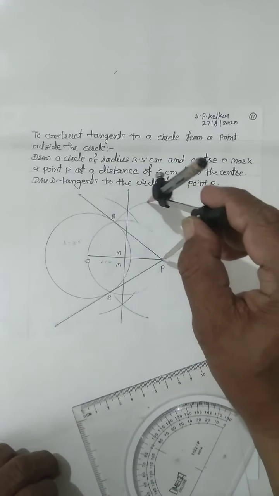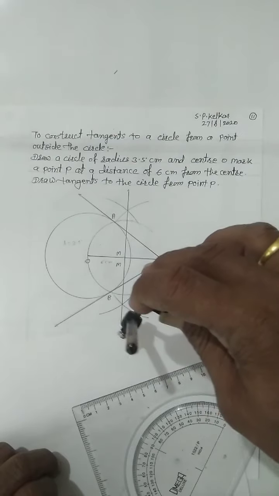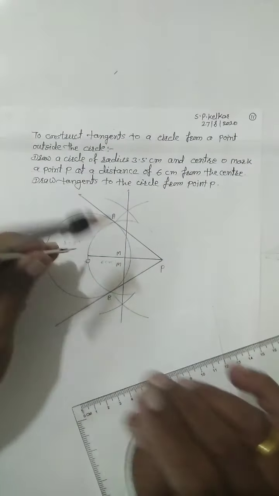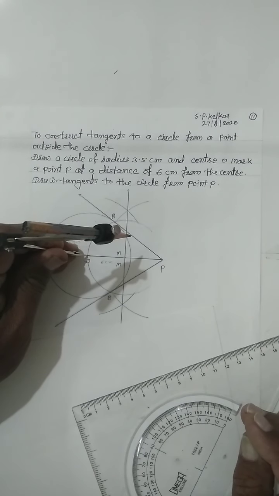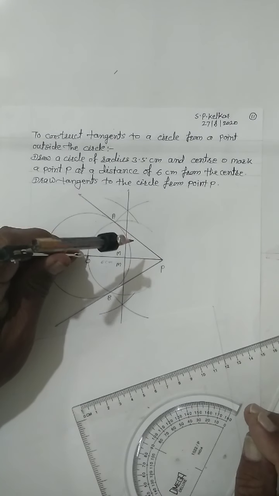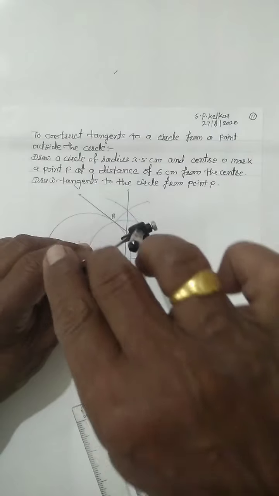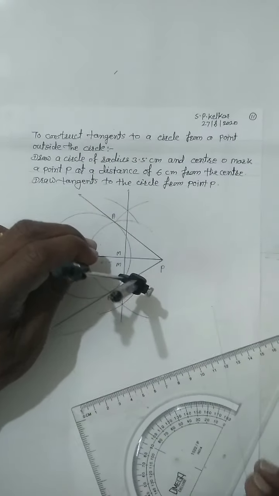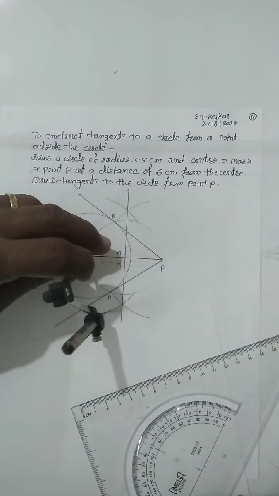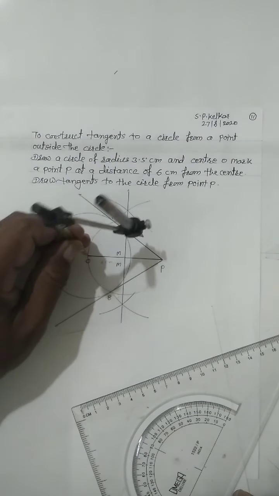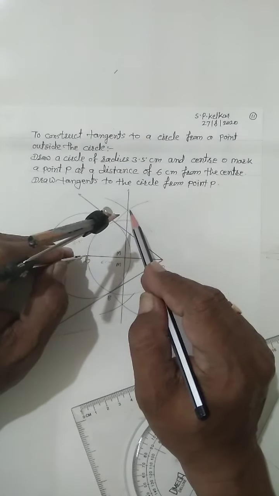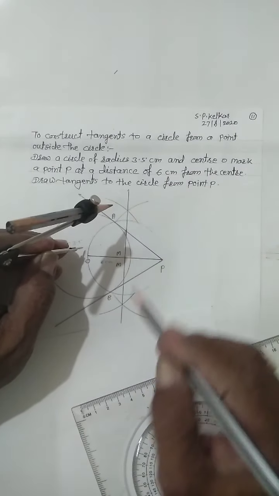Draw the upper side one arc, then lower side second arc, then put this distance as it is. Put a terminal at point O and draw again one arc upper side, then second arc lower side. In this way, this arc intersects the previous arc at this point.